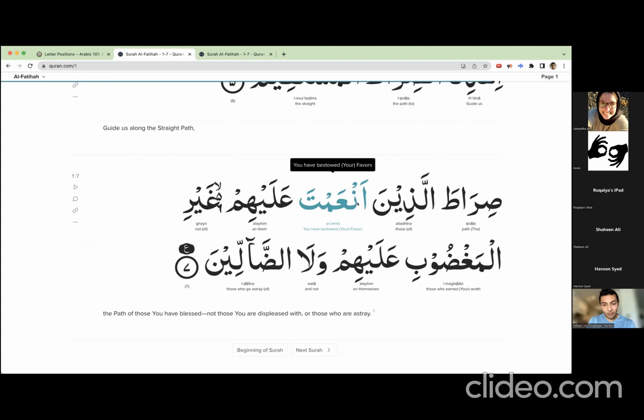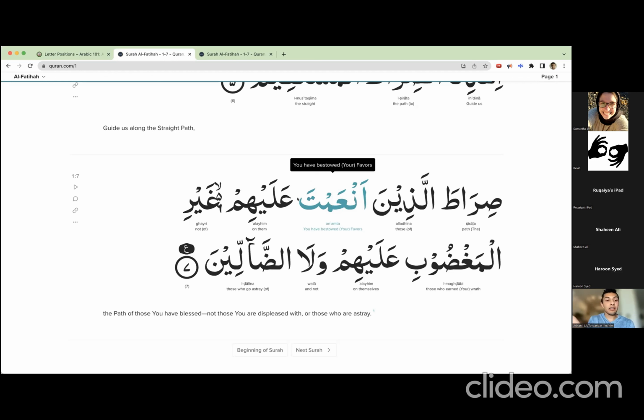Now that's the form of the verb. In these past tense verbs, it's often the last vowel that has the doer. So in an'amta, the ta refers to you. If I were to say I have bestowed pleasure, I would say an'amtu with the u at the end. Or if I were talking to a female, I would say an'amti.